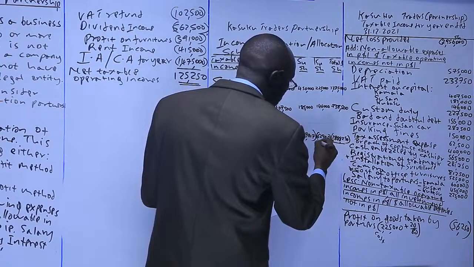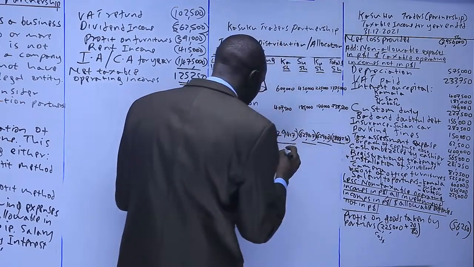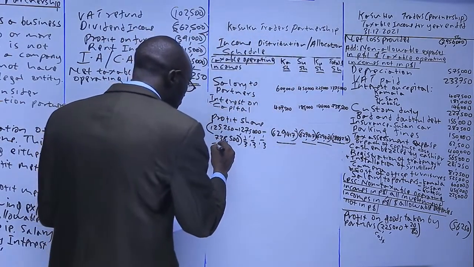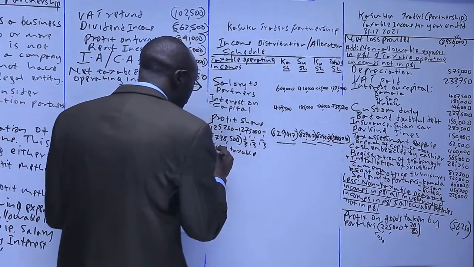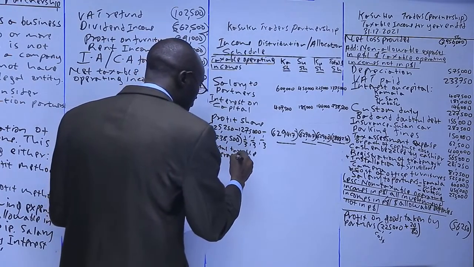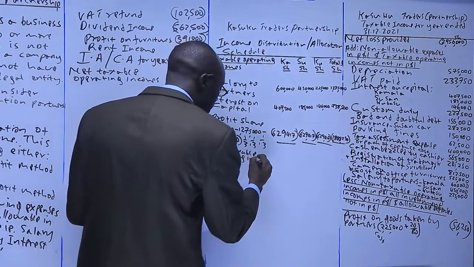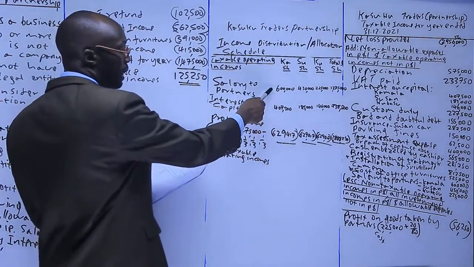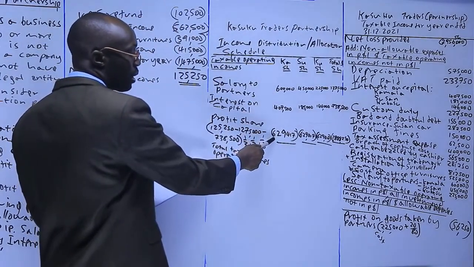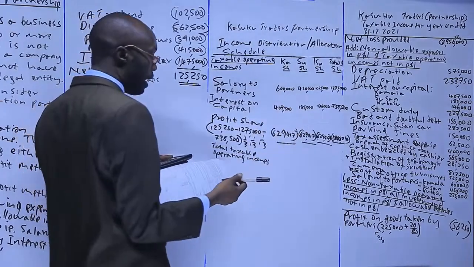So from there now we need to get the total taxable operating income. Operating income would mean we take this plus this minus this, because it's a negative. The same case for everyone.